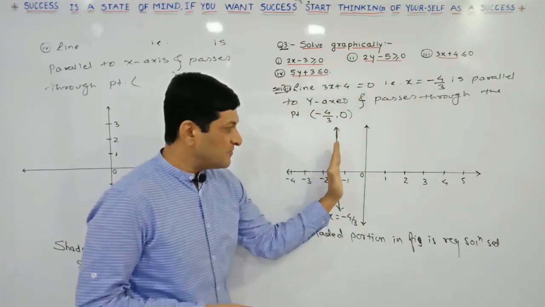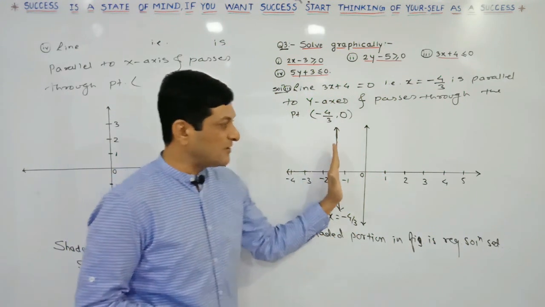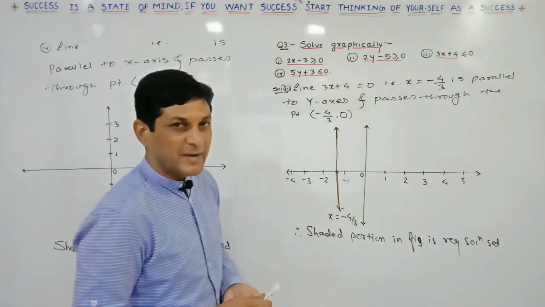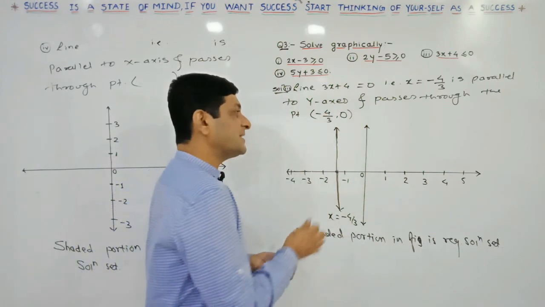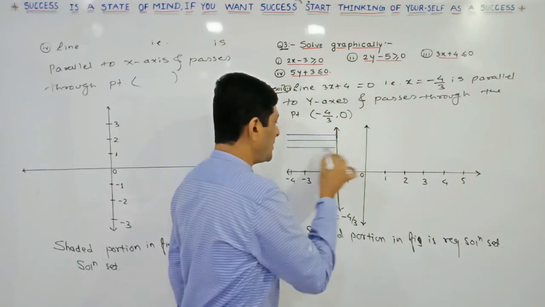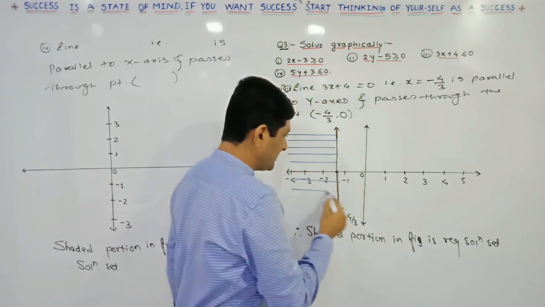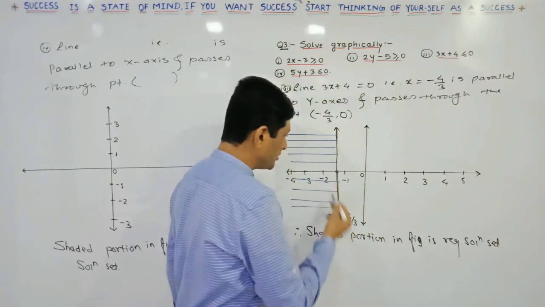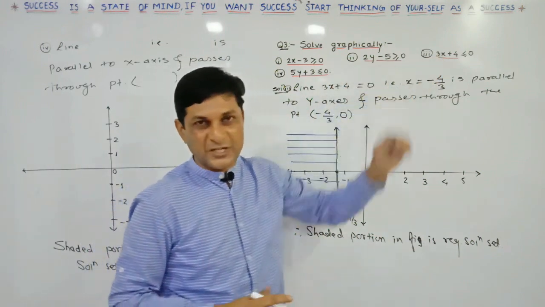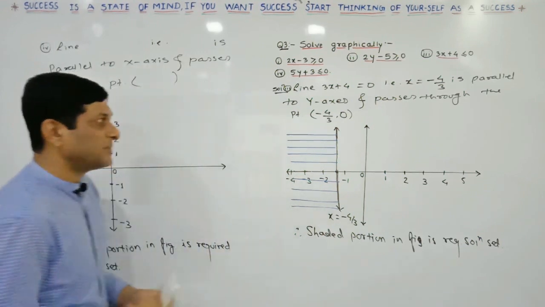On this side the values of x are less than minus 4 by 3, and on the right hand side the values of x are greater than minus 4 by 3. As less than is there, we can say that the values on the left hand side satisfy the given inequation. So the shaded portion in the figure is the solution set of this expression. Using the same method, let us try to solve the next example, example number 4.